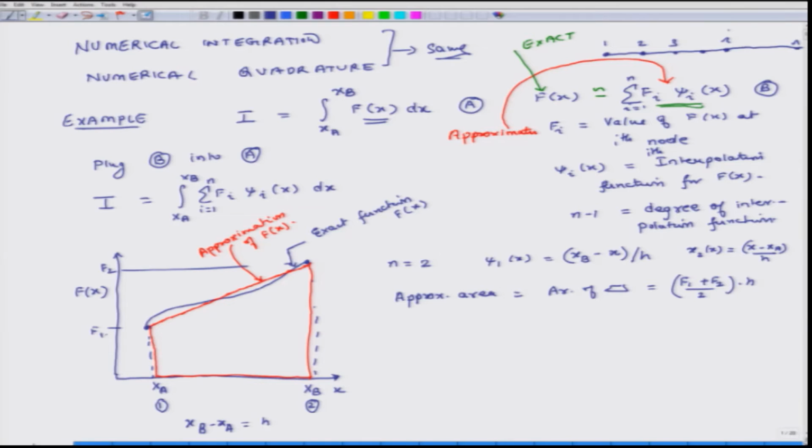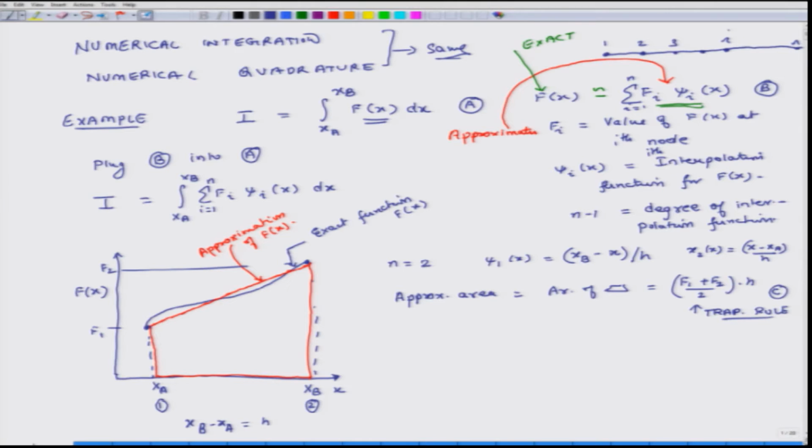So, f1 means the value of the function at node 1, f2 is the value of the function at node 2. So, this is the trapezoidal rule. This is one example of a numerical integration scheme. Let us call this equation C.